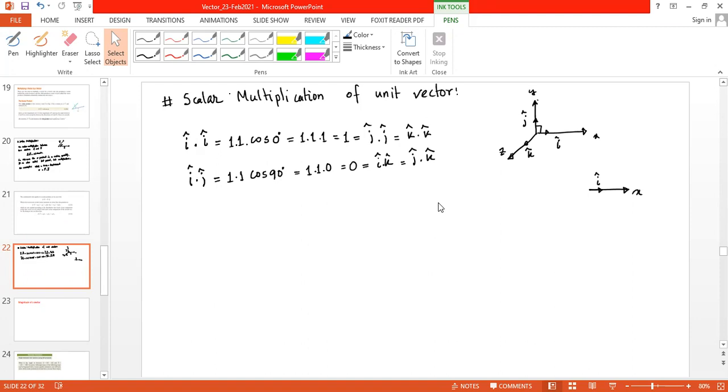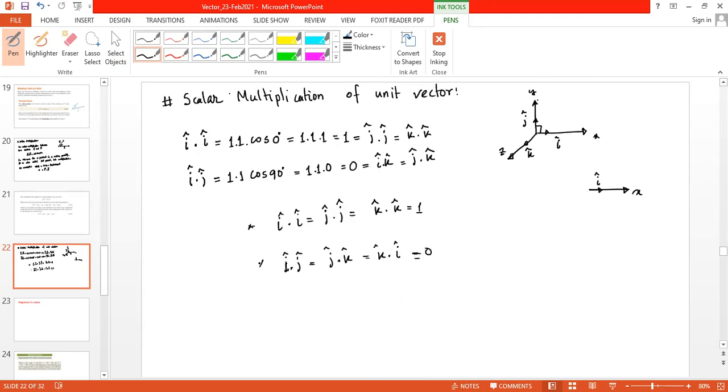So I can summarize this way: i dot i equal to j dot j equal to k dot k equal to 1, and i dot j equal to j dot k equal to k dot i equal to 0. This is the formula that we need to remember.